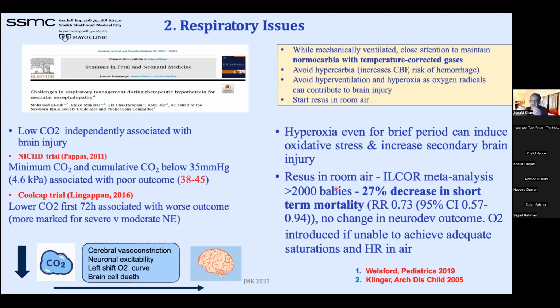Avoid hypercarbia because, of course, it increases cerebral blood flow and the risk of hemorrhage. Hypocarbia is also not required. These are very simple things which we can do.